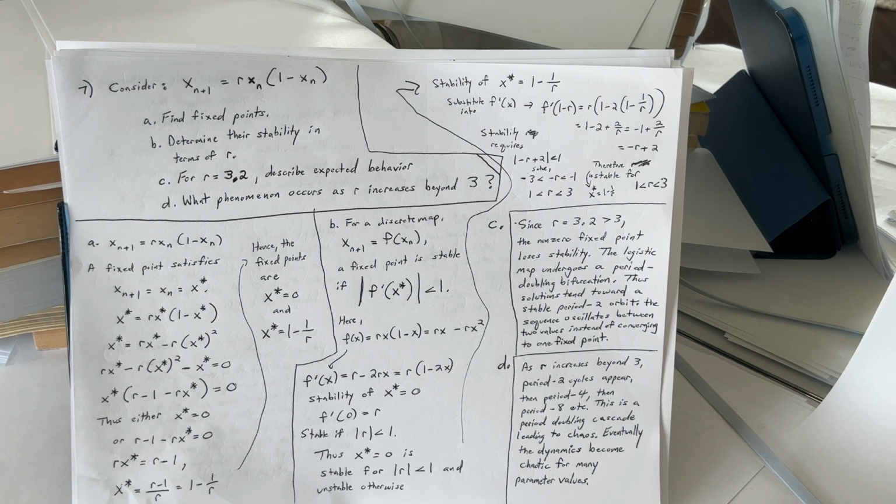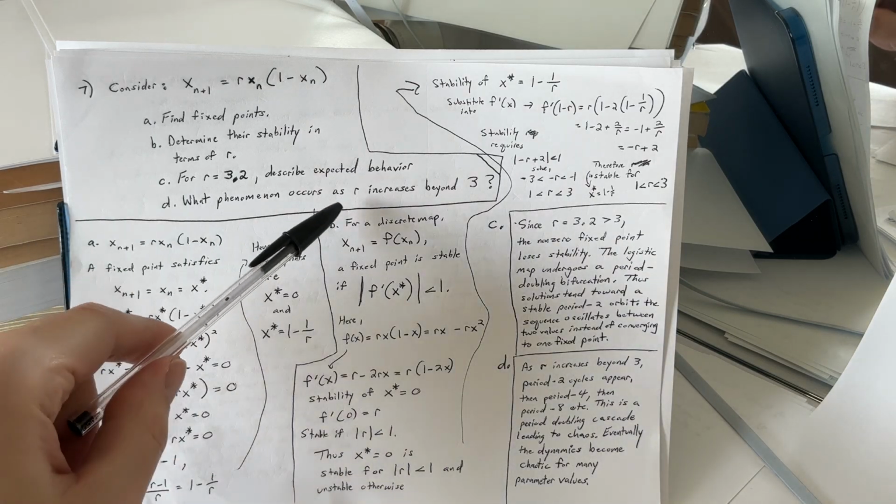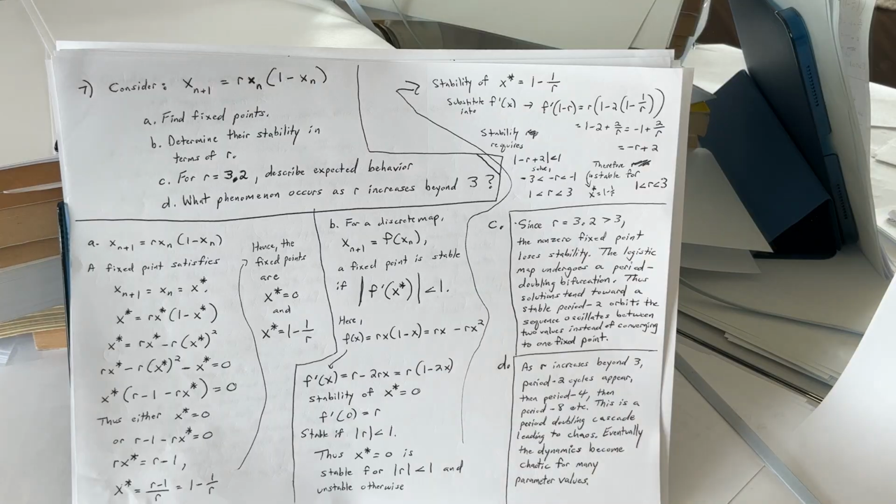Okay. And now for letter D. What phenomenon occurs as r increases beyond 3?